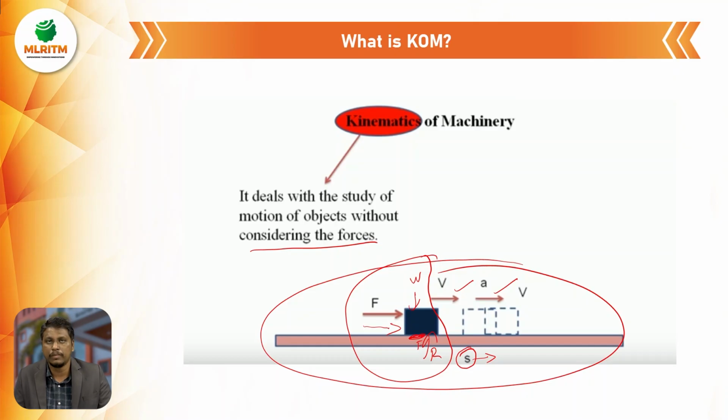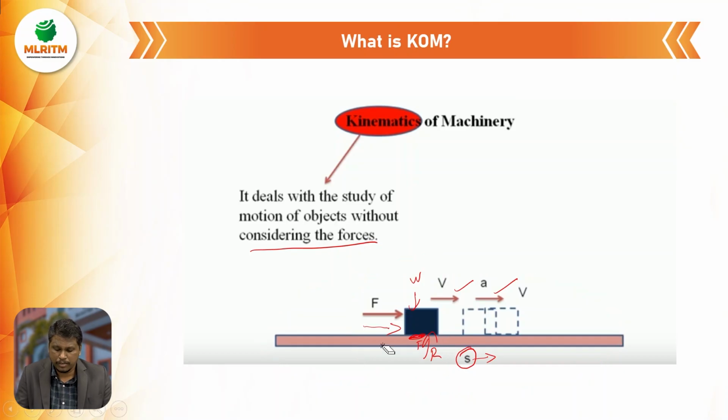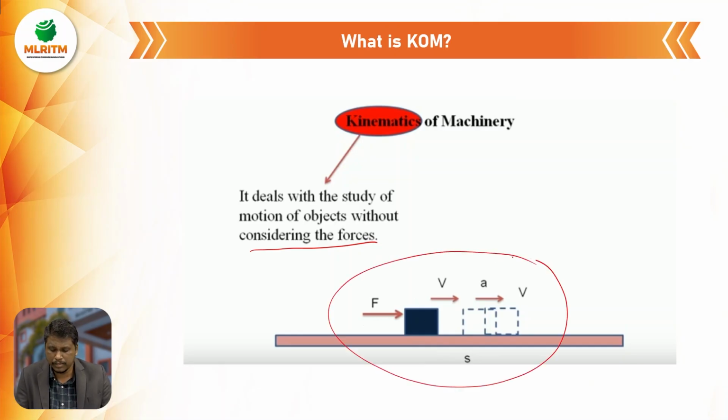That also falls in the first module. So once again I am explaining. If I want to move an object from one place to another, we have to consider what forces are acting on this body. So this is the applied load.